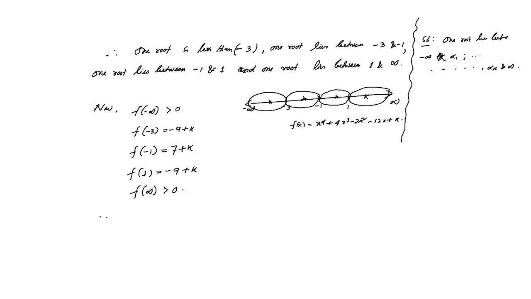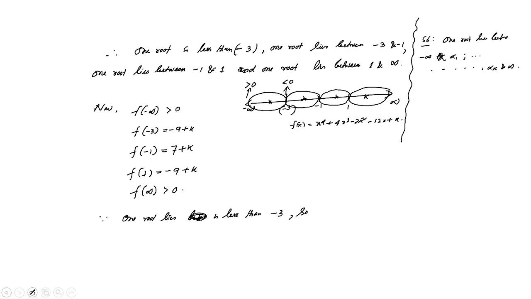Now, since one root is less than -3, and f of minus infinity is greater than 0, f of -3 will be less than 0.